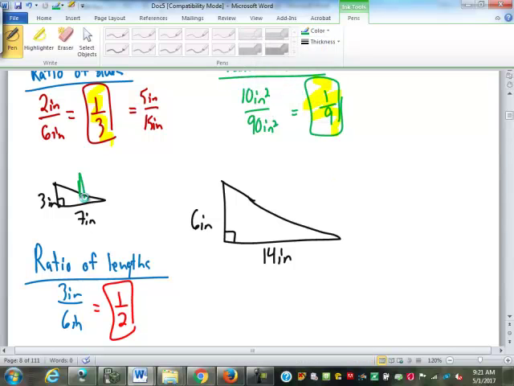Areas. The area of this is 3 times 7 divided by 2, or 10.5 inches squared. The area of this one is 6 times 14 divided by 2, or 42 inches squared.